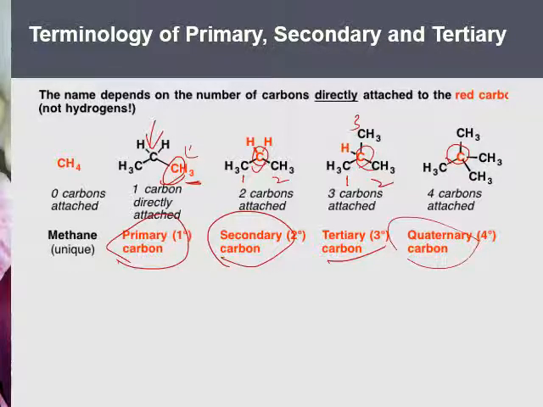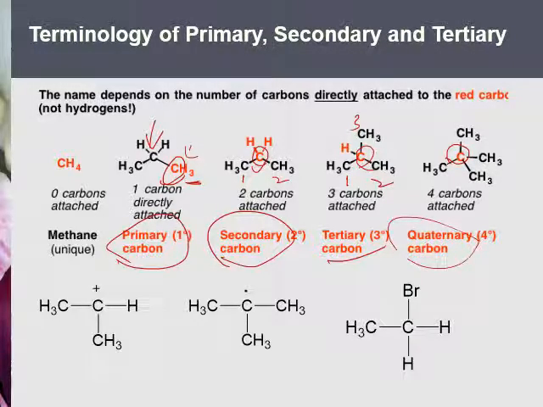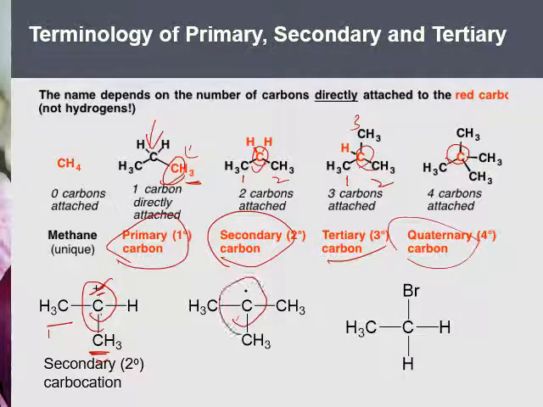Now this terminology is very useful. For example, if this is the one you are interested in, because this carbon has a positive charge, it's called a carbocation. And because this carbon is attached to 2 carbons directly, 1 and 2, this is a secondary carbocation. This carbon has an unpaired electron, so it's a radical.